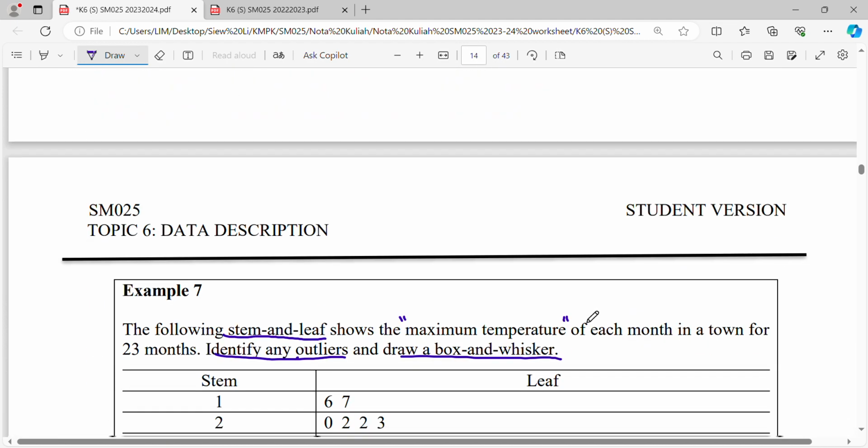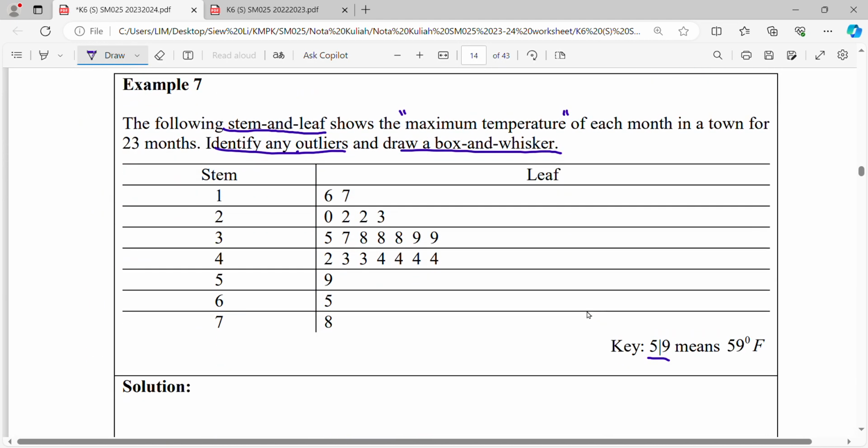Alright. So the first thing: when this data is represented in stem and leaf, it means the data is already well organized, is it? 16, 17, well ordered. 20, 22 already arranged, right? From the smallest to the biggest. So we calculate first.